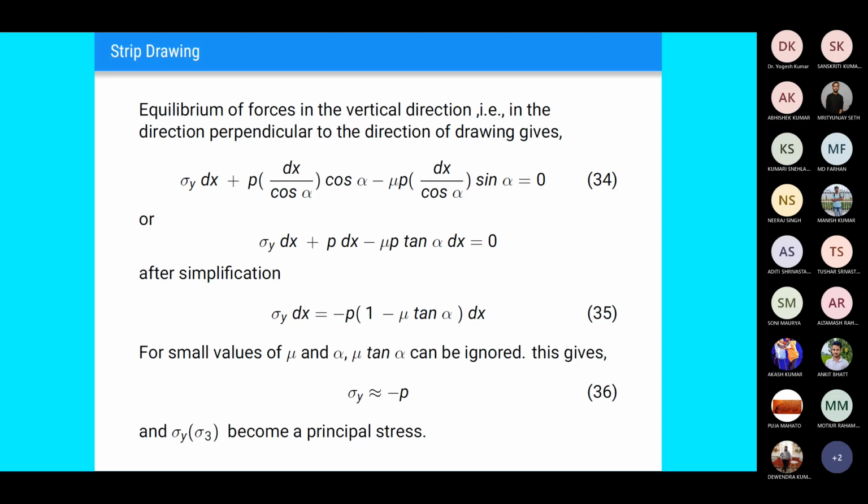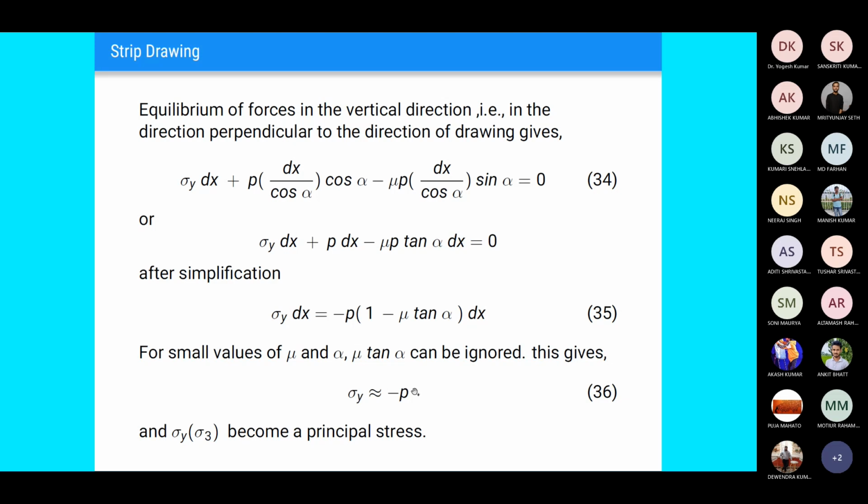For small values of mu and alpha, you can ignore mu tan alpha. So dx and dx will be cancelled out and you have ignored this particular term, so you can say your sigma y is approximately equal to minus p.